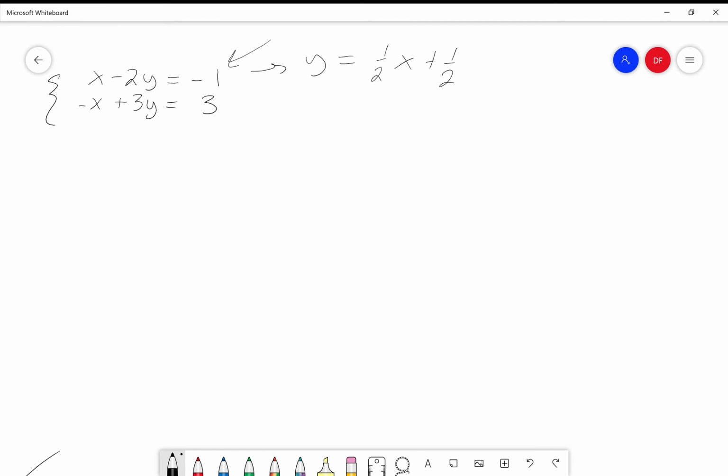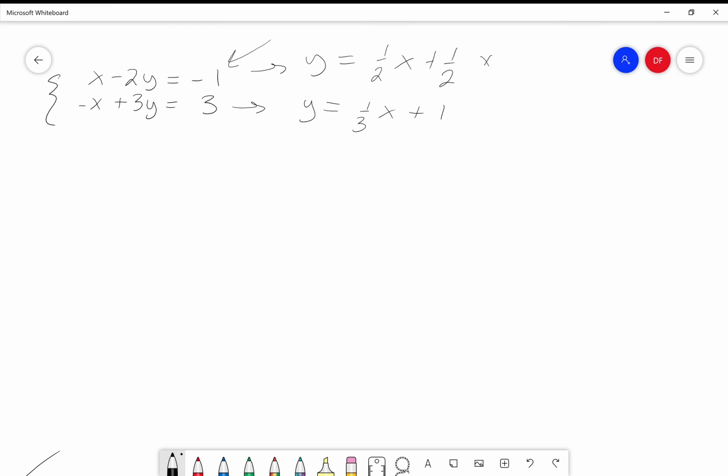And if I do the same thing here, what I will get is y equals 1 over 3x plus 1.